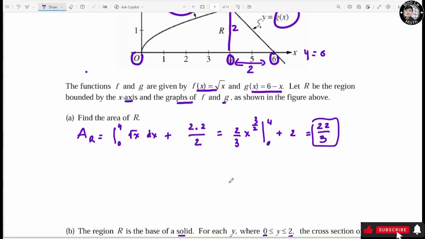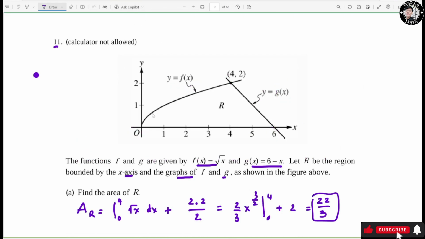Alright, so we go back over here. The base is right here. We need to rewrite the functions f(x) and g(x) in terms of y, because the cross-section is perpendicular to the y-axis, so every single thing must be in terms of y. So f(x) equals square root of x.